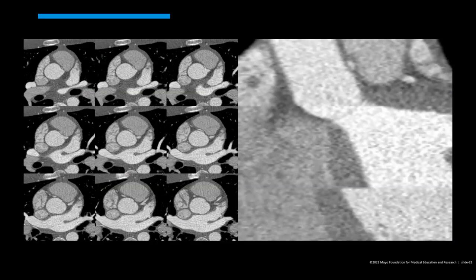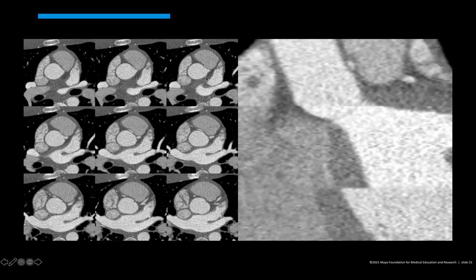I guess maybe the RCA might be arising from the left coronary cusp. Yeah, I see it there now. Okay. So this would be surgical management if the patient's symptomatic. Otherwise, you just watch the patient.